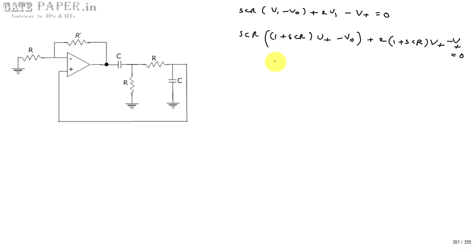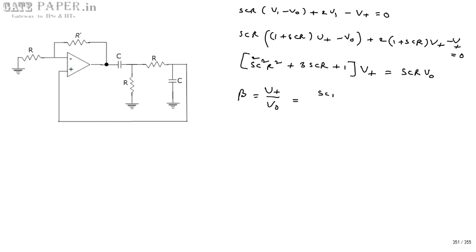After simplification, finally you are going to get this equation: (S square C square R square plus 3 SCR plus 1) times V plus is equal to SCR V naught. Finally you get this equation after manipulation. So the beta network, as already decided, is V plus divided by V naught.